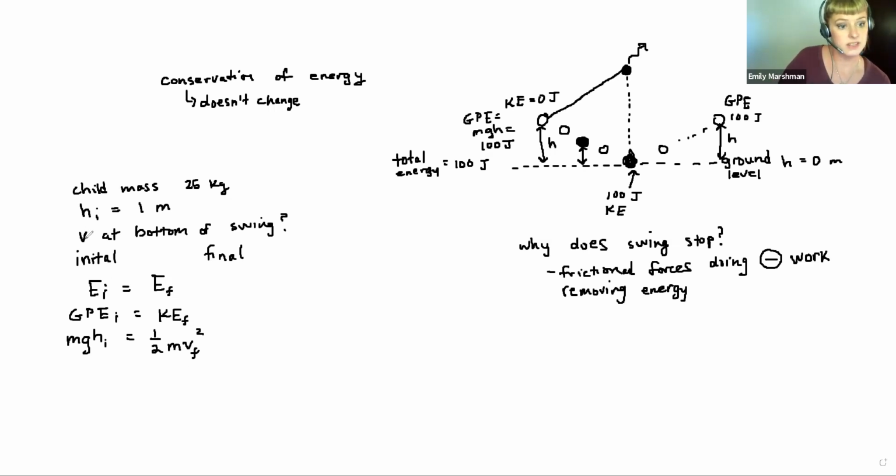I'm looking for the speed, or the magnitude of the velocity at the bottom of the swing, which is v final. So this is what I need to solve for. Mass, which would be the mass of the child. Let's not worry about the mass of the swing itself. You could add it in, but it doesn't matter because mass actually cancels out. It's on both sides.